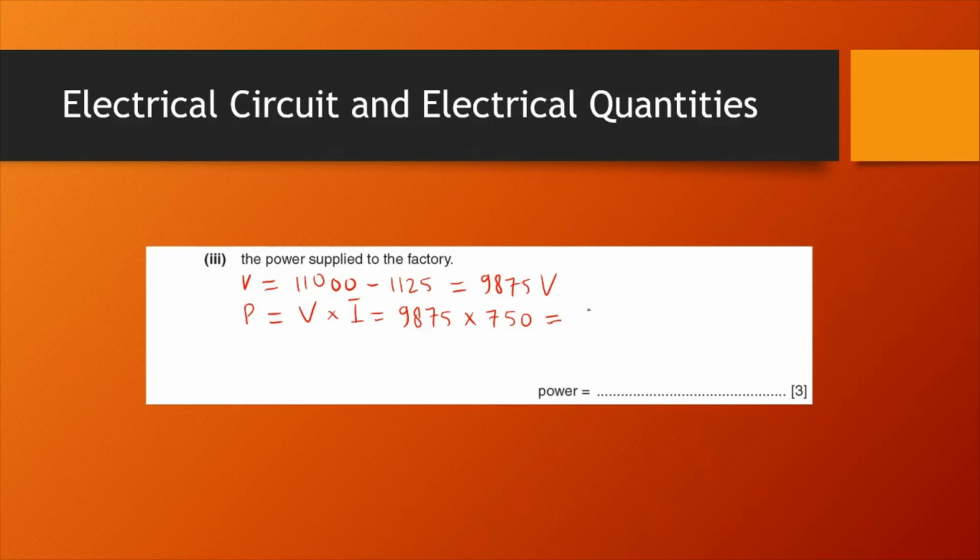We will limit our answer to only 2 significant figures. So, the result is rounded off into 7.4 times 10 to the power of 6 watt. Write that down on the provided space. 7.4 times 10 to the power of 6 watt.